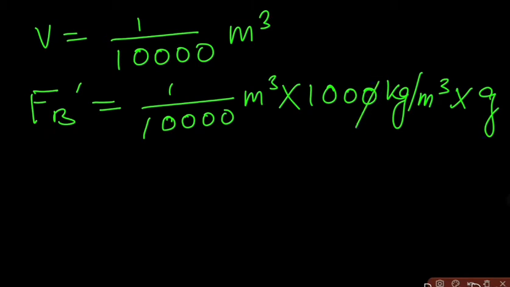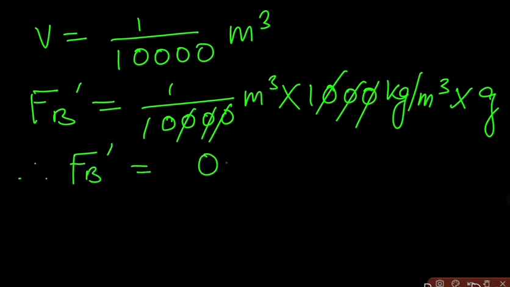Now these 3 zeros can cancel these 3 zeros, hence my upthrust becomes 0.1 kgf.